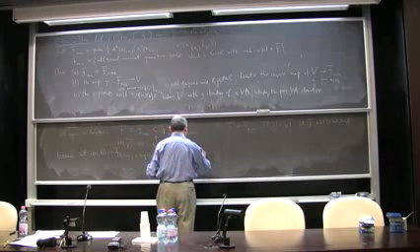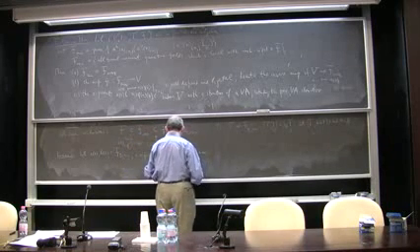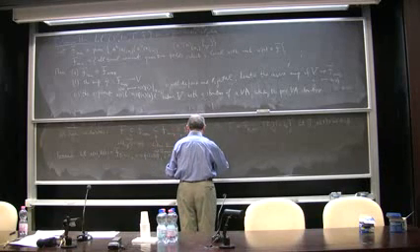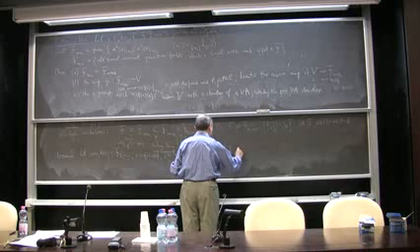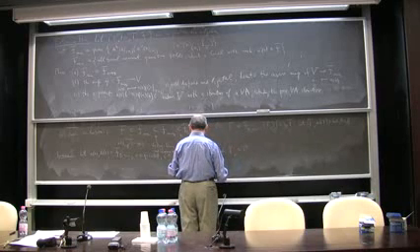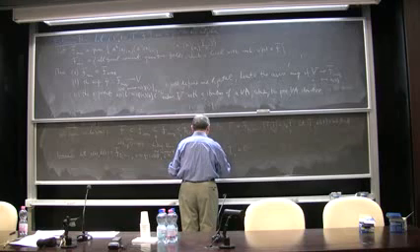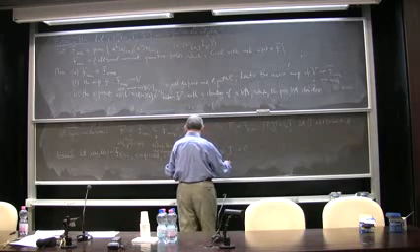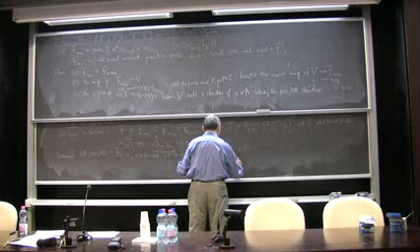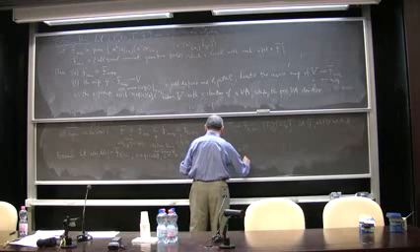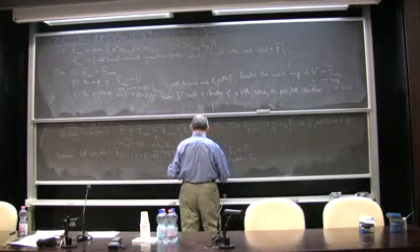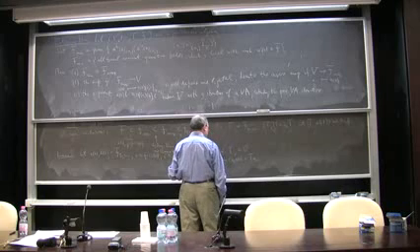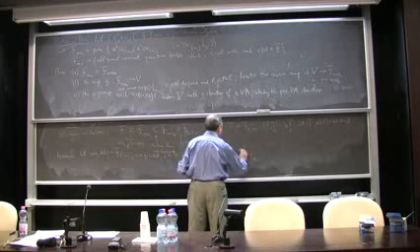Then, first of all, the field-state correspondence of the identity operator is the vacuum. Second, if you take the state corresponding to the field B(Z) applied to A(Z), you get the state B(Z) A, not zero, vacuum. Sorry.